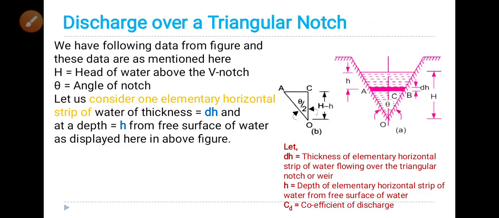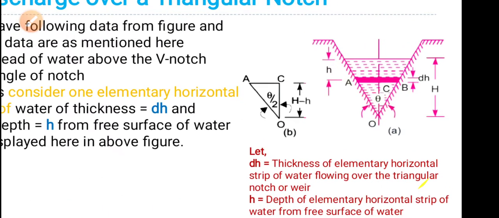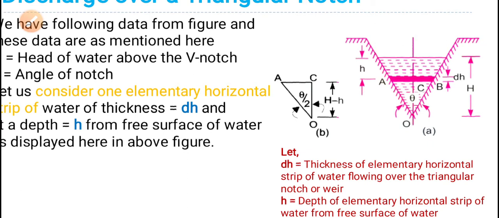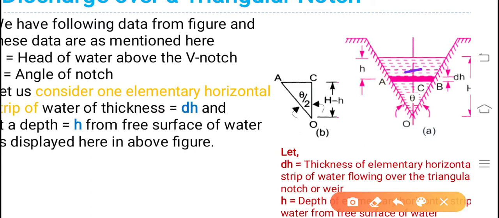Next, discharge over a triangular notch or V notch. We have the following data from the figure. This figure represents the total head H from this point to the free water surface. Let theta be the angle of the V notch.